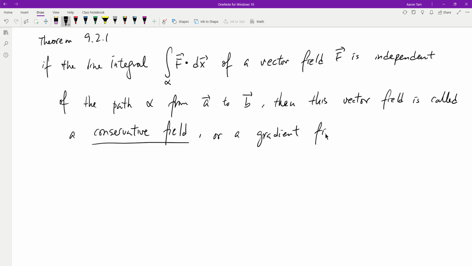So therefore, I just introduced three sets of terminology. They are all exactly the same thing. If you say a vector field is path independent, that means it is conservative. That means it is a gradient.